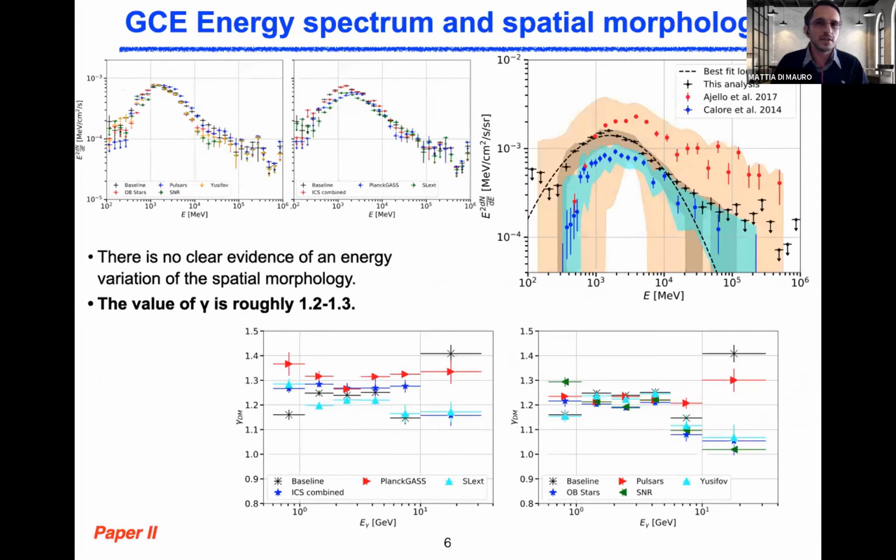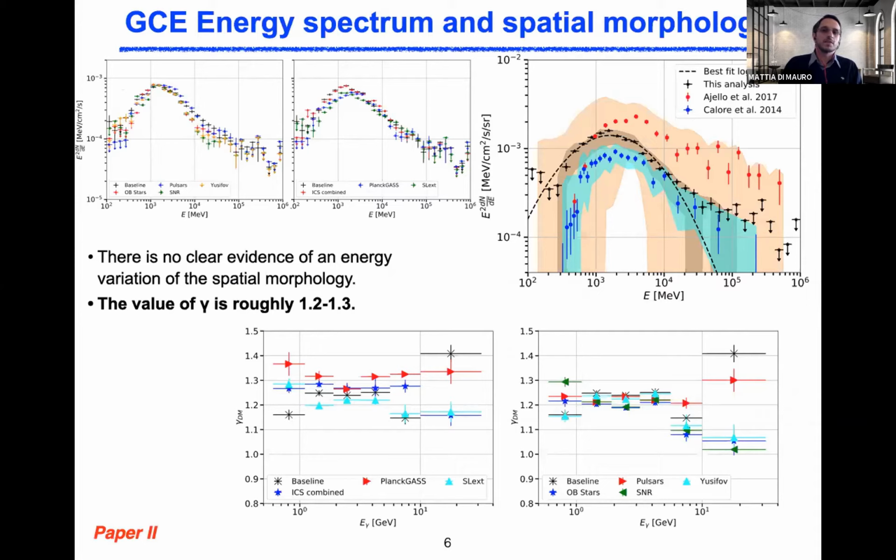The first characteristic we investigate is the galactic center excess spectrum, also called SED. We test this with several state-of-the-art interstellar emission models. You see some of the results in the bottom left plots for different choices of the model.